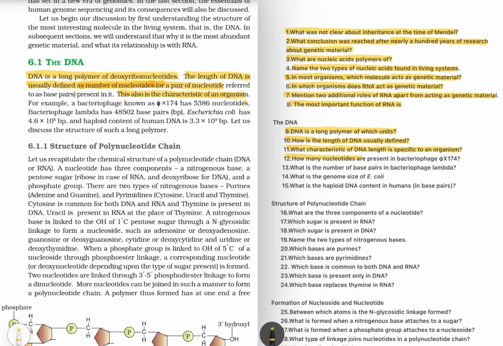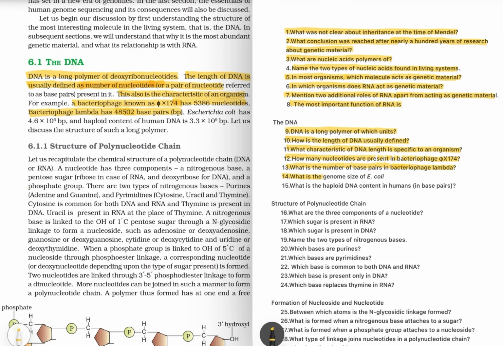How many nucleotides are present in bacteriophage φ174? A bacteriophage known as φ174 has 5386 nucleotides. What is the number of base pairs in bacteriophage lambda? Bacteriophage lambda has 48,502 base pairs of nucleotides.